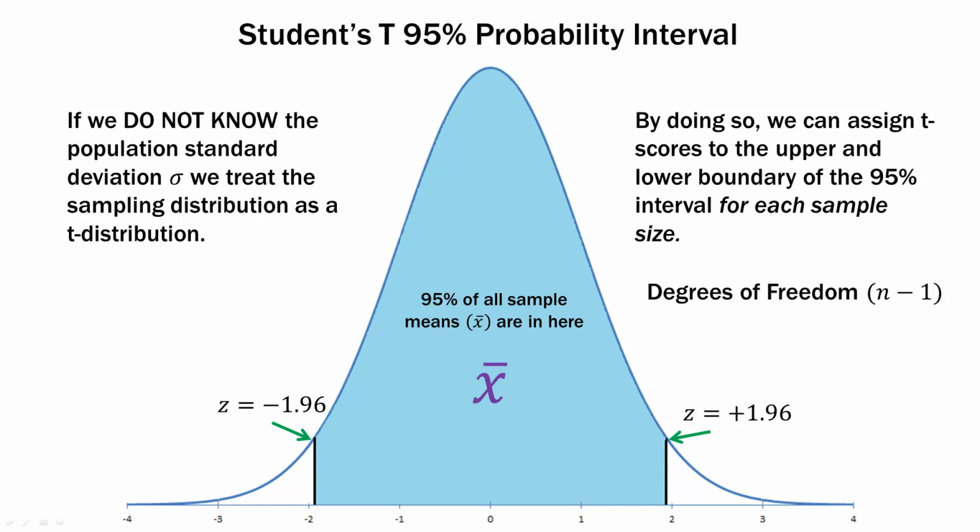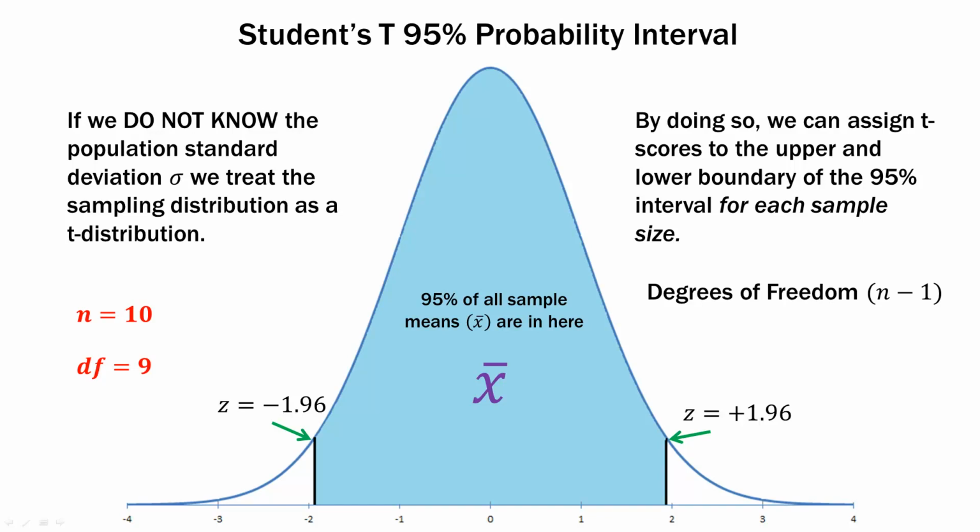Now we use the concept of degrees of freedom to know where those boundaries are going to be when we're using the t-distribution. So let's take the case of a sample size of 10. So n equals 10. Therefore, the degrees of freedom is 9. That's n minus 1, so 10 minus 1 equals 9. Now the question is, where are these boundaries going to be for a degrees of freedom of 9 in the t-distribution?